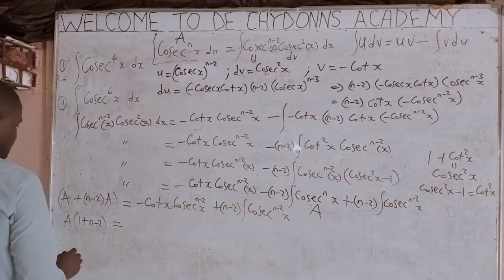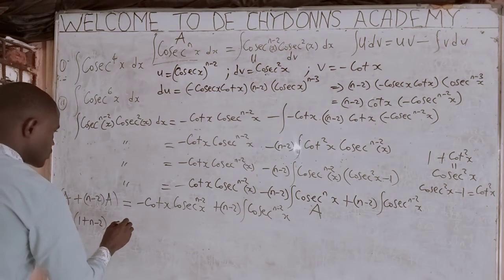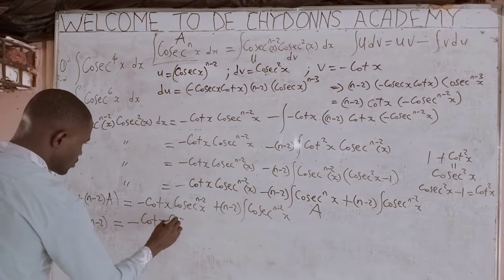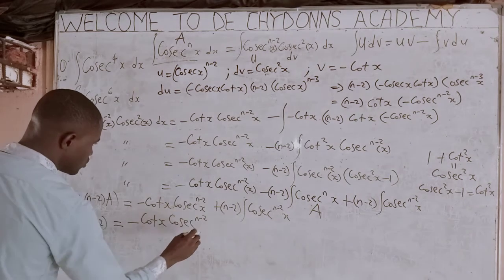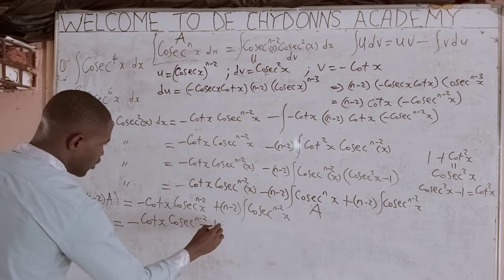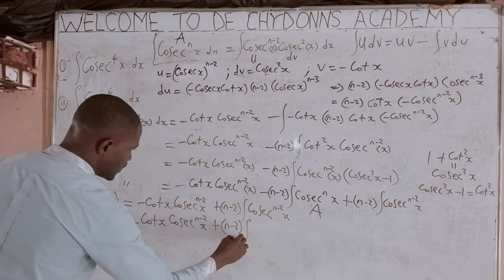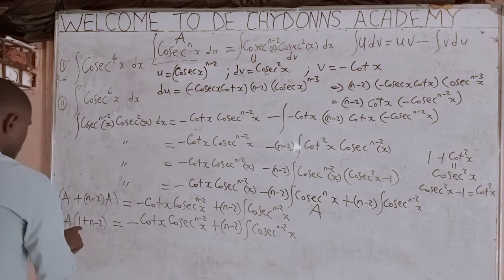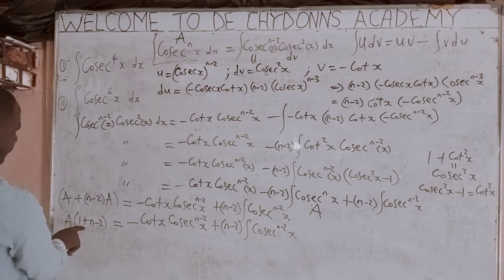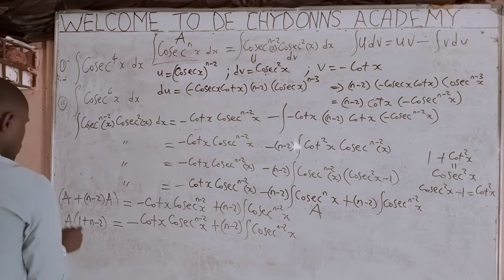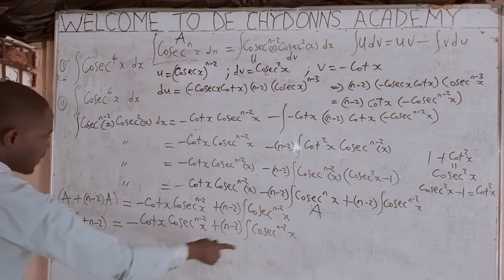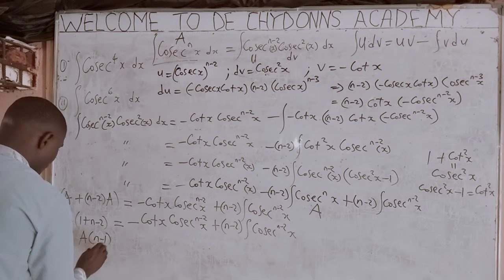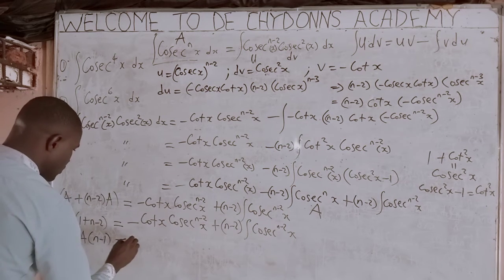That gives us minus cot x cosec^(n-2) x plus (n minus 2) integration of cosec^(n-2) x. If you add, you will have n minus 1. So use the n minus 1 you get here to divide everything. You have your A (n minus 1) equals everything here.